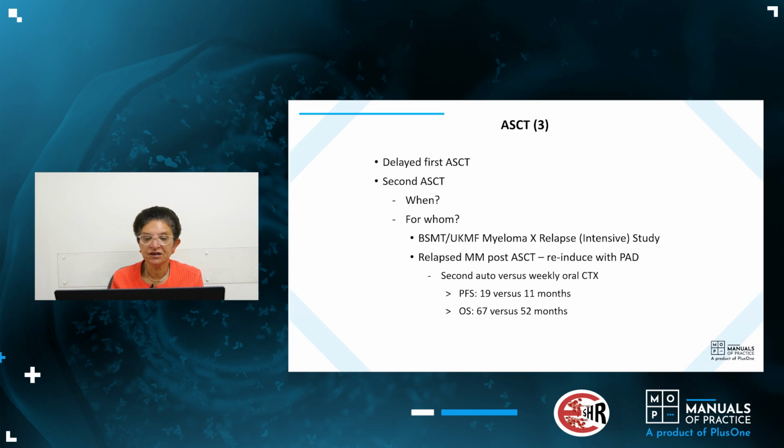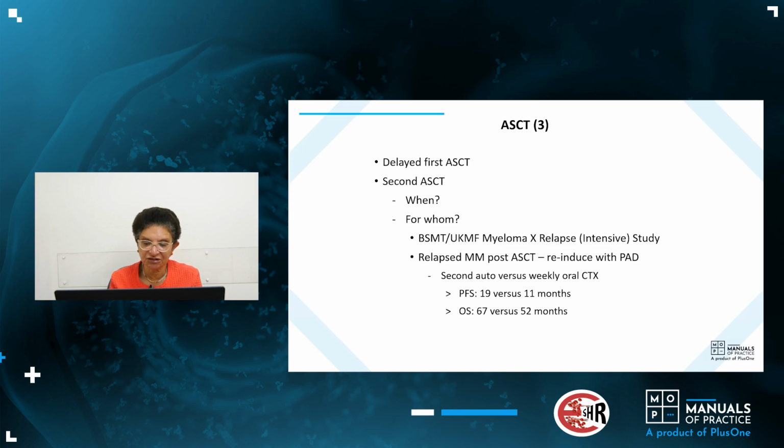Well, they looked at this study with relapsed myeloma post-stem cell transplant, and in this study they re-induced with one form of proteasome inhibitor, together with dexamethasone and maybe adriamycin, followed by a second auto versus weekly oral cyclophosphamide or endoxan.